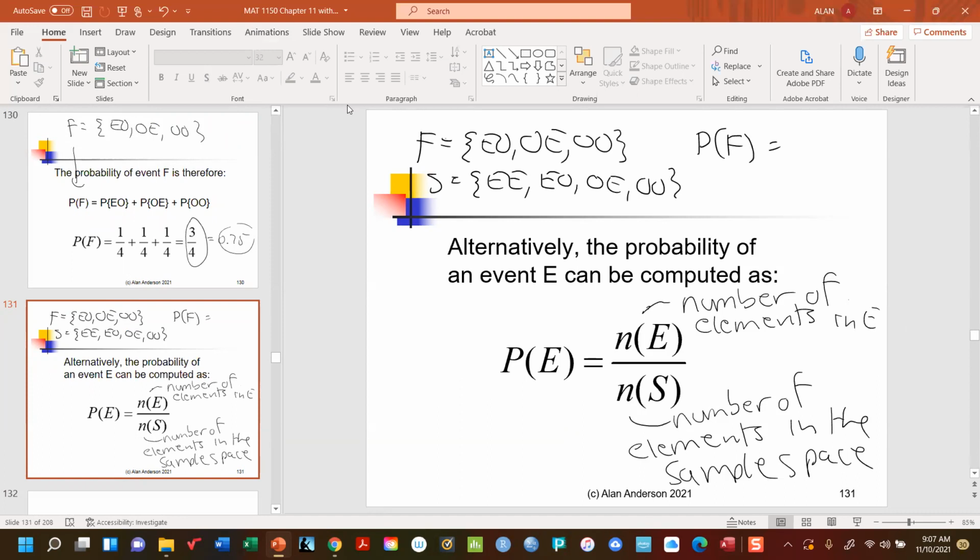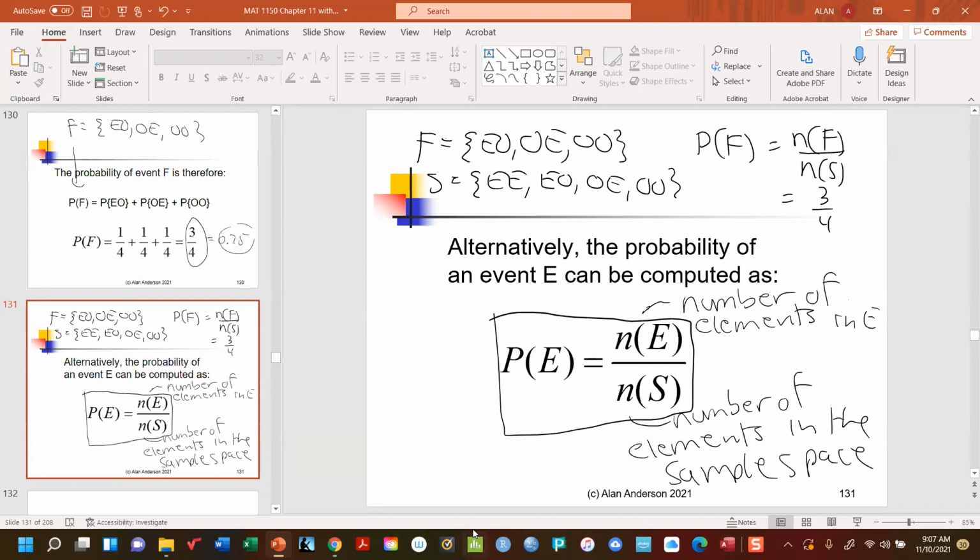The probability of F is the number of elements in F, which I'll define as NF, over the number of elements in S, and that's just 3/4. So when the outcomes are equally likely, we can use this very simple formula. We may as well take advantage of it, but just be aware that most of the time we won't get so lucky.